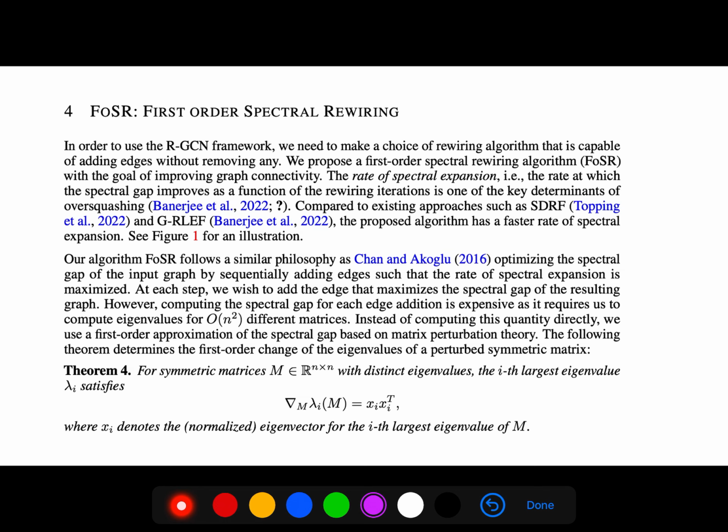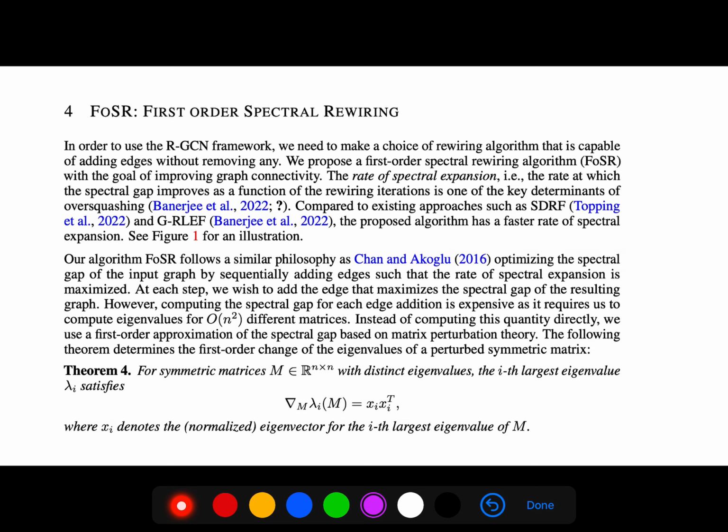So in order to use the RGCN framework, we need to make a choice of rewiring algorithm that is capable of adding edges without removing any. We propose a first-order spectral rewiring algorithm with the goal of improving graph connectivity.